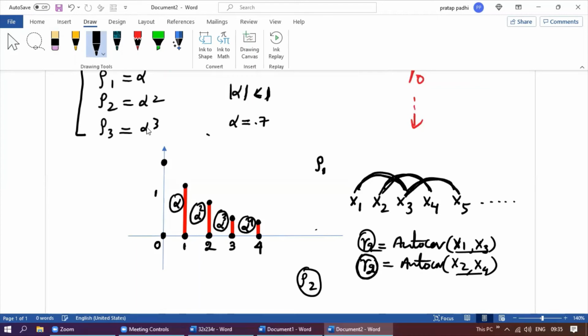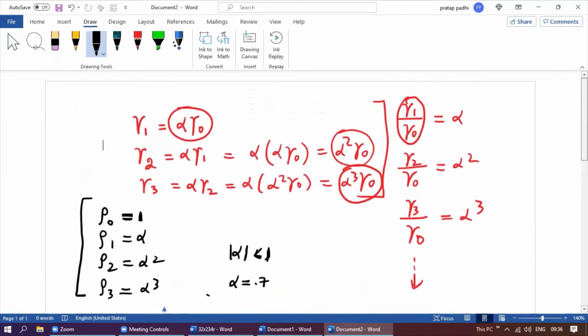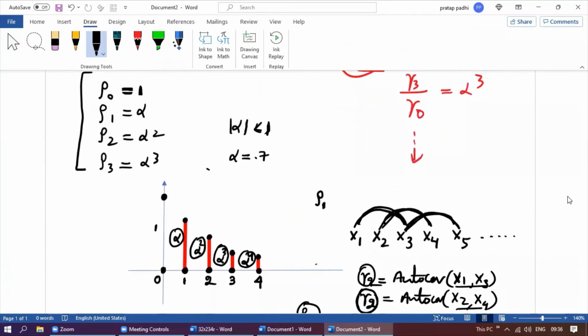There will be no correlation at all. That means, in a sense, slowly the link is disappearing. The link should disappear to be stationary. So if the modulus of alpha is less than 1, remember we started with this condition, only one condition, alpha modulus less than 1.